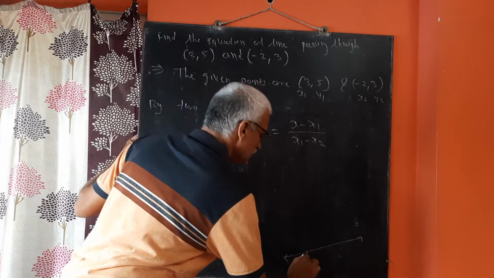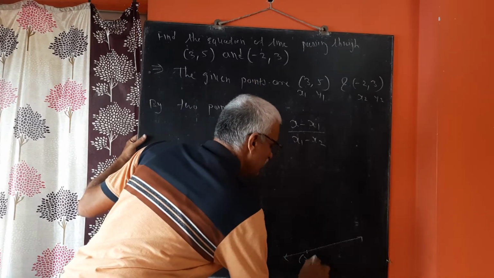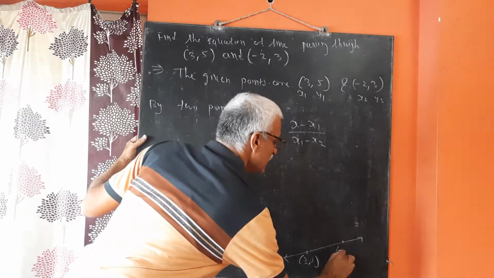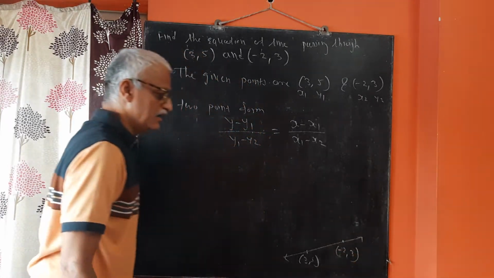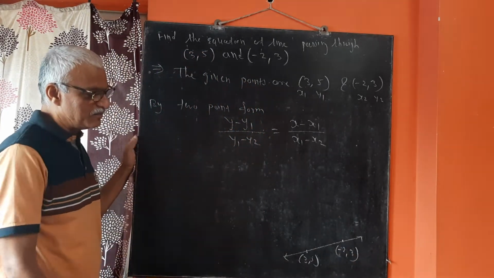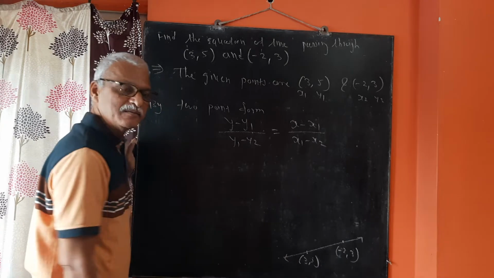The first one is (3, 5). The second one is (−2, 3). So these are the 2 points through which that line passes, and we have to find the equation of this line.